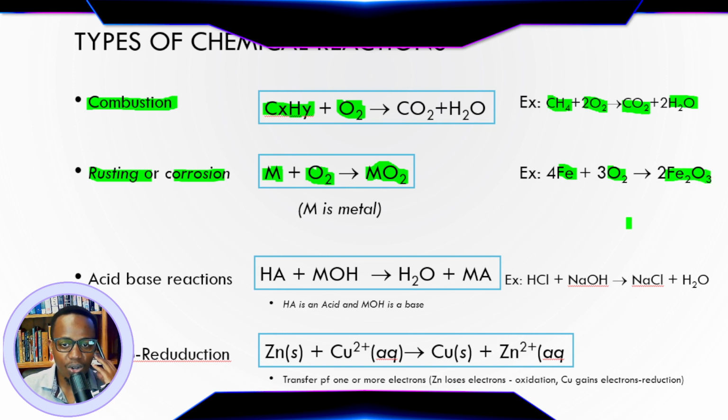So it's a rusting or corrosion reaction. And one thing that you notice is that the rusting or corrosion reaction is also an addition reaction, right? We're adding two things together to form one thing. So this is A plus B equals AB, right? So it's still also an addition reaction, but it's a corrosion or rusting reaction, right?